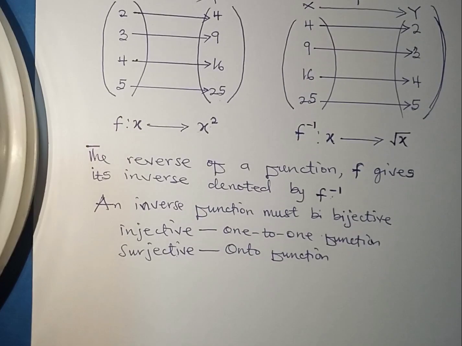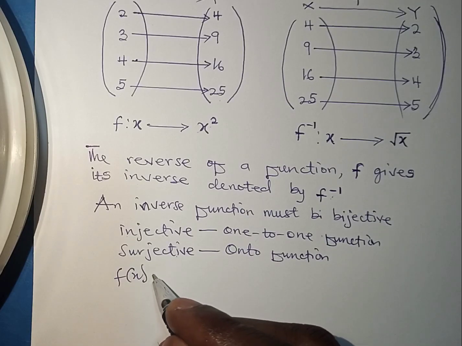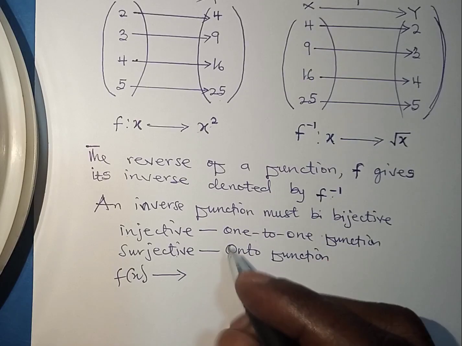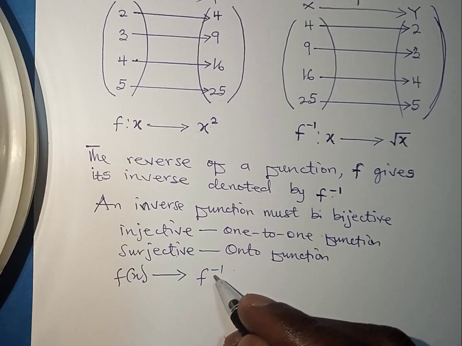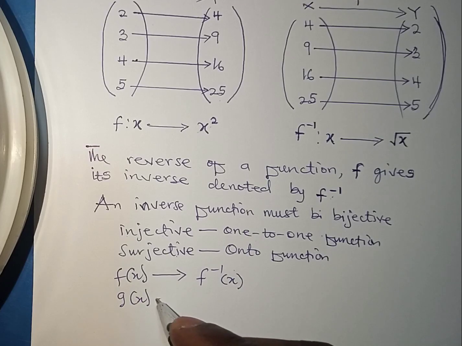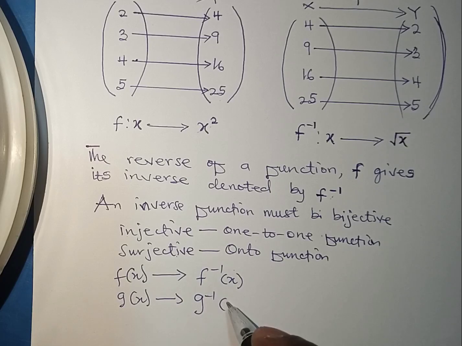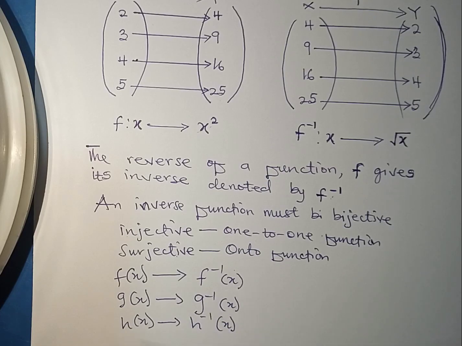When you are given a function, say f of x, its inverse is denoted by f superscript -1. You can write this, or you can bring the x here. If it is g of x, then its inverse is given as this. h of x also gives h inverse like this. There are times that we may even ignore the x here. It means the same thing.